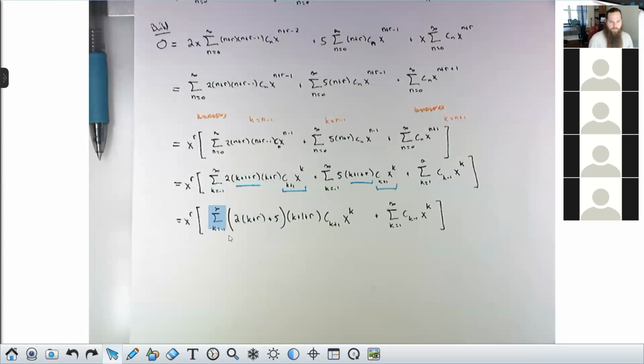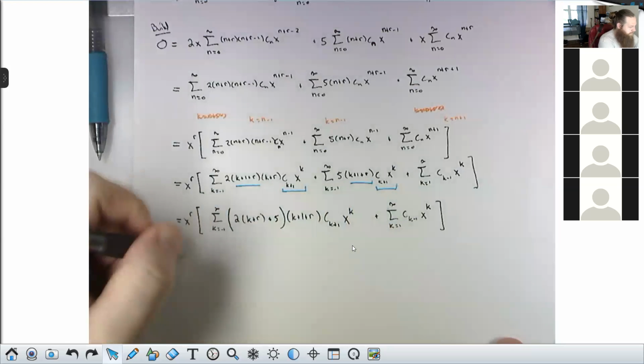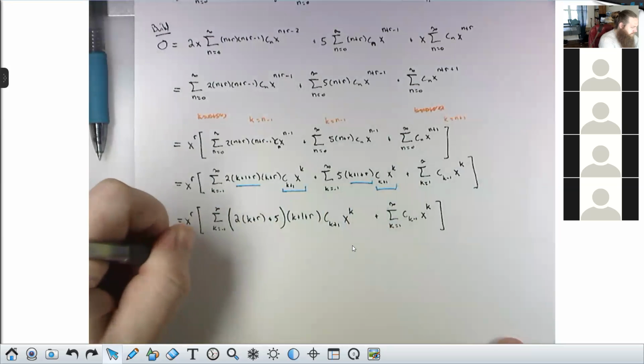And then you notice that this series, going from -1 to positive infinity, has the -1 and the 0 term that this series doesn't have. So we need to pull out k equals -1 from this and k equals 0 from this. I'll do my best to make it pretty.